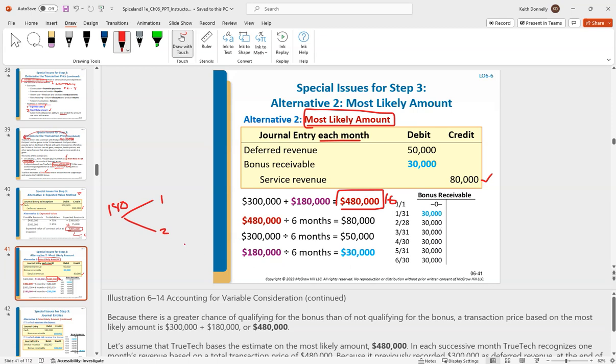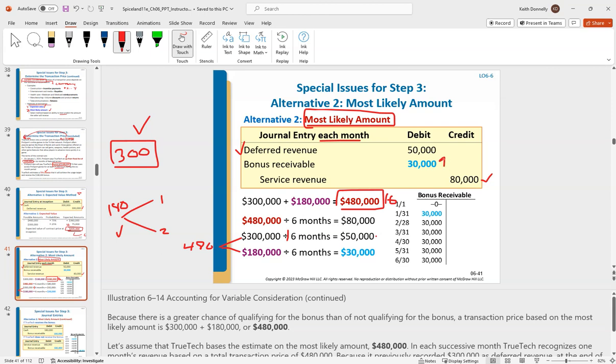But of the 480, the most likely amount, that's the 75% chance winner, 300 divided by 6 or 50,000 is going to be the amount for the deferred revenue from this pot up here, and 180 divided by 6 or 30,000 is going to come from the bonus.